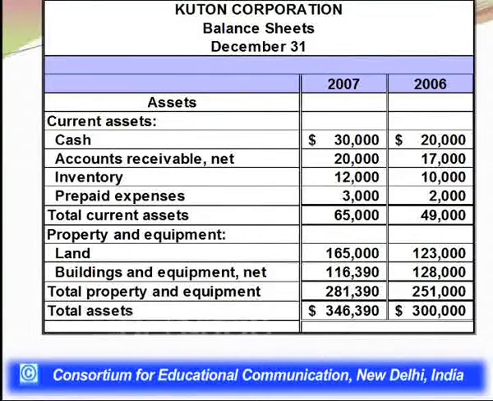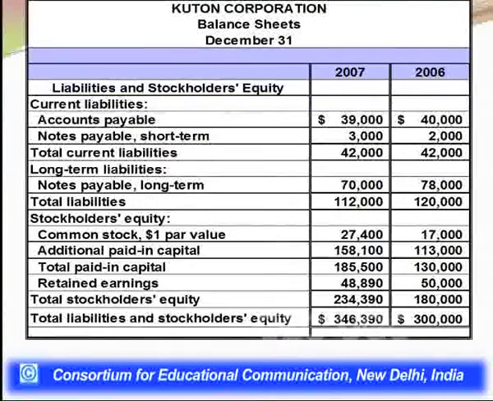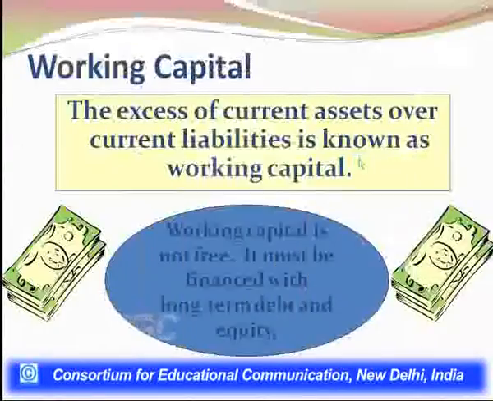If we divide the quick assets by the current liabilities, which we already know are 42,000, that gives you the value of your quick ratio. Here on the slide I am showing you how we calculated the quick ratio, or acid test ratio, for the company.